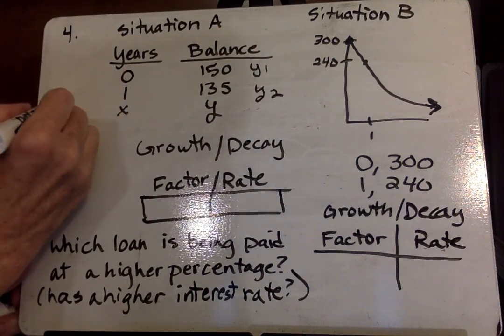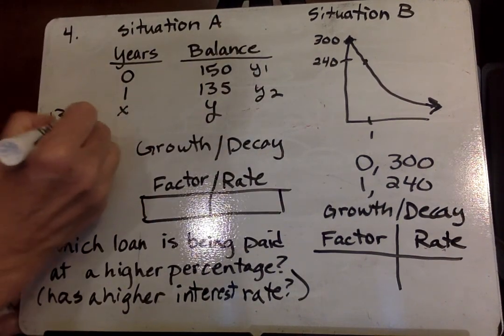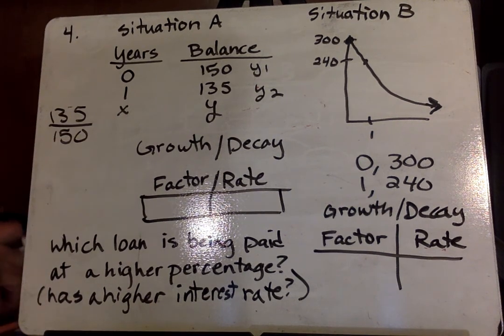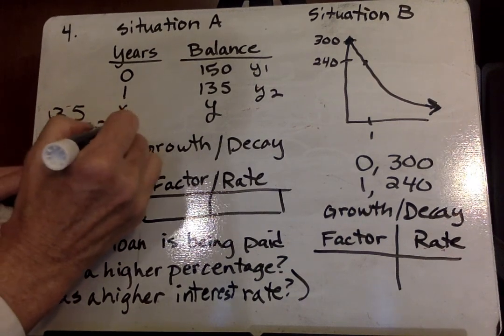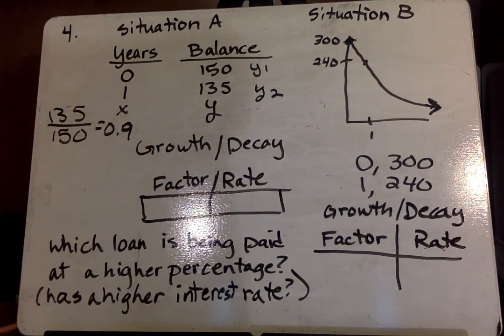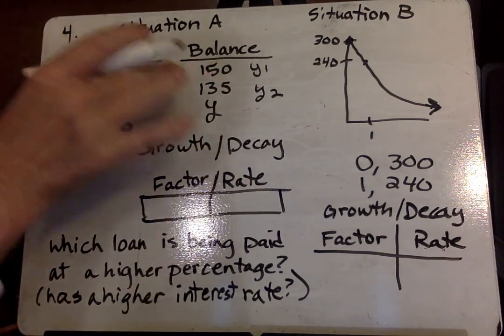So if I take 135 and divide it by 150, with my handy dandy calculator, and again, it's the second y that you use, that equals 0.9.